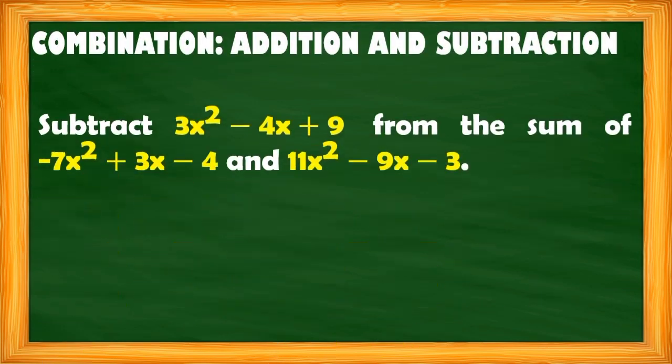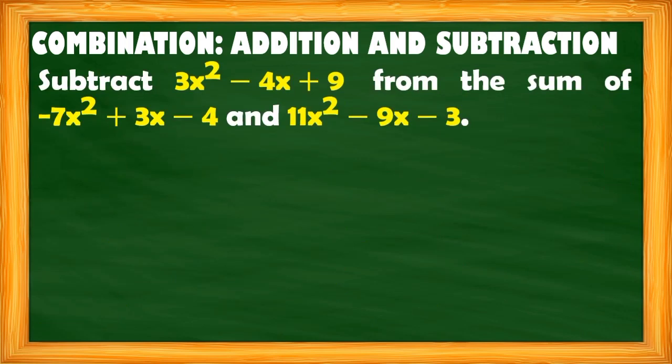So, our final answer will be negative 3x plus y. So, next naman, kung kanina, in-add natin dun sa difference ng dalawa, ngayon naman baligtad. So, we will be subtracting 3x squared minus 4x plus 9 from the sum of negative 7x squared plus 3x minus 4 and 11x squared minus 9x minus 3. So, paano yun?